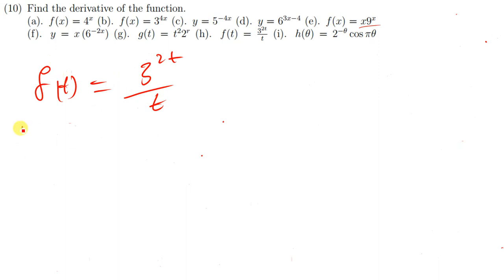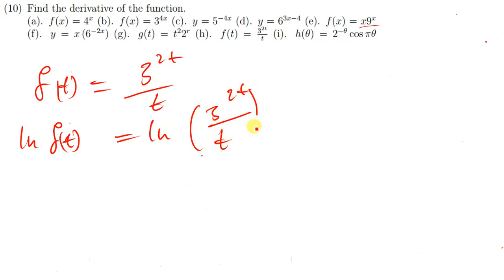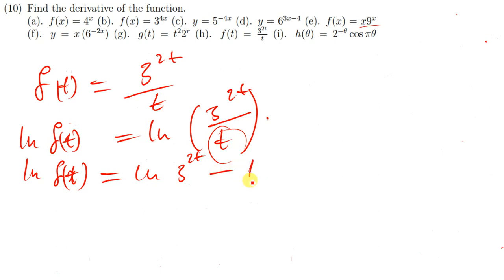So when you introduce ln on both sides, you have ln f of t is equal to the ln of 2 to the power t over t. So you are going to have ln f of t this side, then this other side you have ln 3 to the power 2t, and then since you are dividing this function, you say minus ln t.